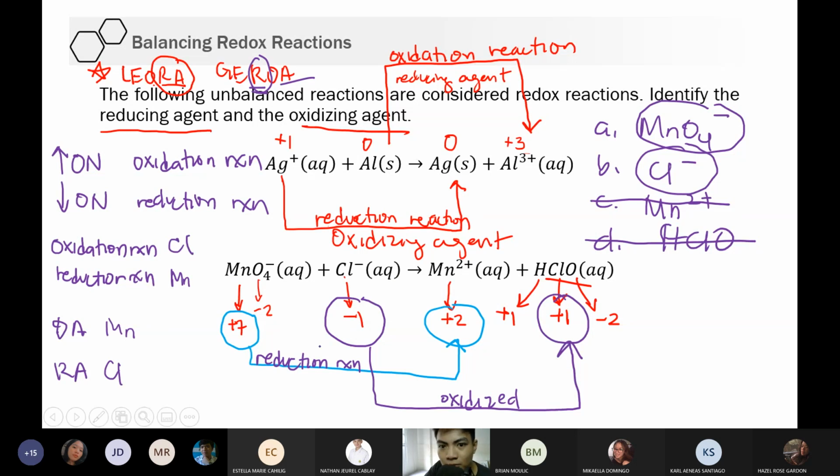Pero pagdating sa multiple choice, baka magtaka kayo, kasi, hala, sir, bakit may kasama siya? Okay lang yan. Kasi, ang gagawin mo lang is, identify mo lang, sino ba yung Mn na tinutukoy dito? Is it the Mn2 plus or MnO4? Obviously, it's not the Mn2 plus kasi wala tayong tawag sa kanila eh. So, you just remove them.